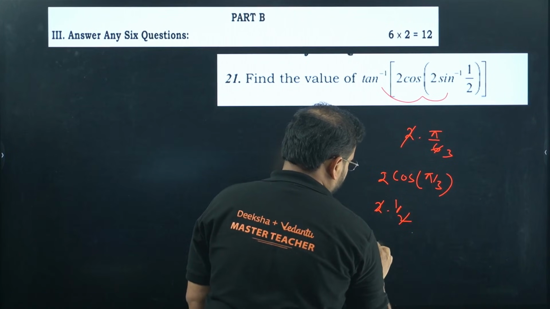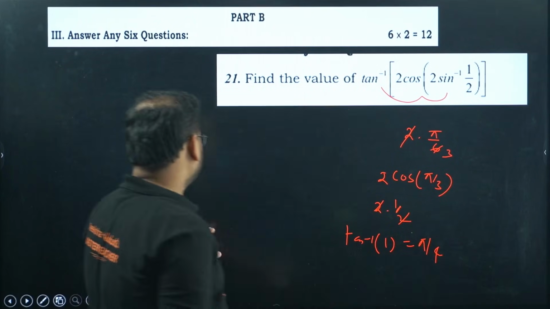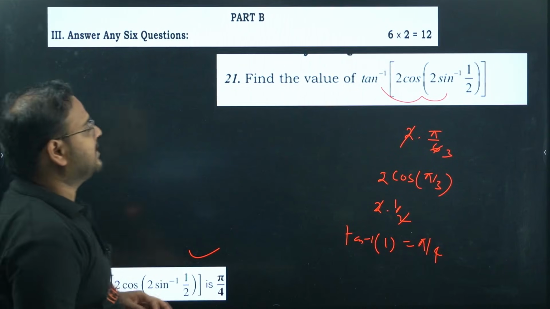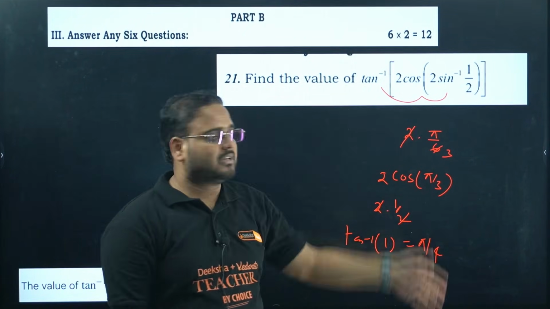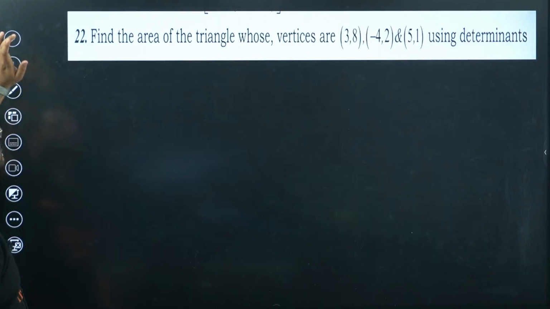Now I have tan inverse of 1, that is how much? Pi by 4. Check this out, the answer is pi by 4. Clear? Start your work backwards from the smallest bracket to the largest one: sine inverse, cos, and then tan inverse. It's a 2 marker question, very simple.